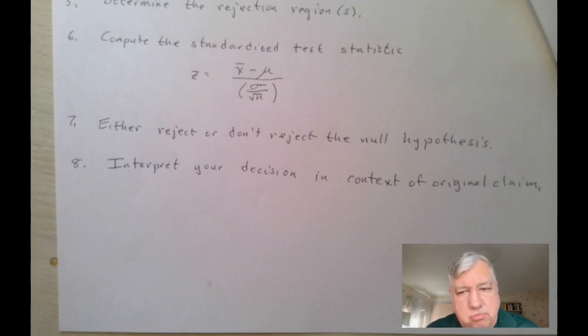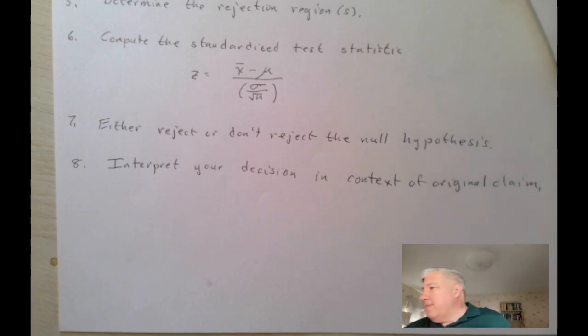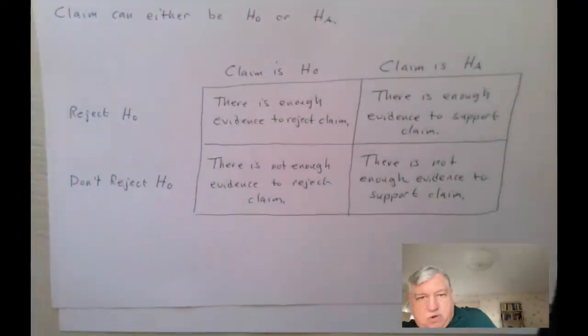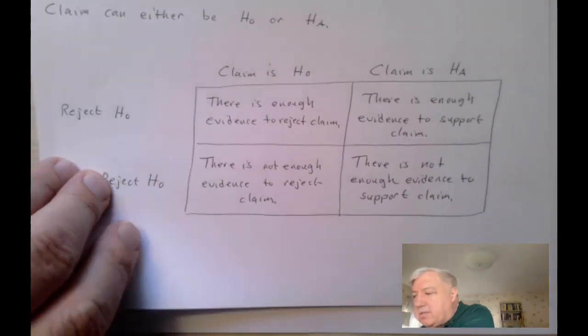If it isn't, then you don't reject the null hypothesis. And then the last thing you do is write down one sentence interpreting your decision in the context of the original claim. You're going to be writing one of these four sentences. There's enough evidence to reject the claim, or there's enough evidence to support the claim, or there's not enough evidence to reject or support the claim. So you might want to keep this handy when you first start this out. This was the stuff from section 7.1.